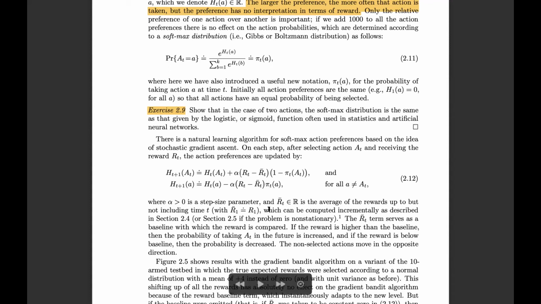Say your reward distribution is very uneven, so you have very high reward for some actions and very low reward for others, but it might not be the same proportion between the preferences. We just take softmax of preferences and convert those to probabilities.